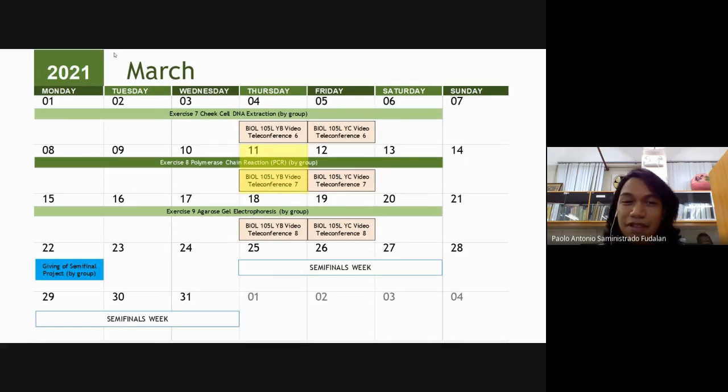This is the 7th, and exactly in the calendar it says the 7th. So that's good. Right now you're supposed to be in the middle of making your lab reports for exercise 8, and the deadline for that will be this upcoming Saturday.